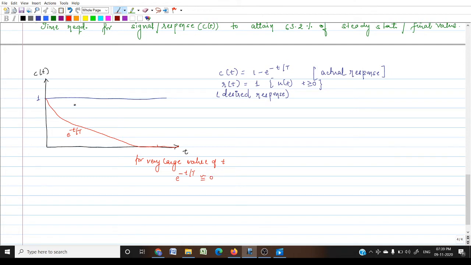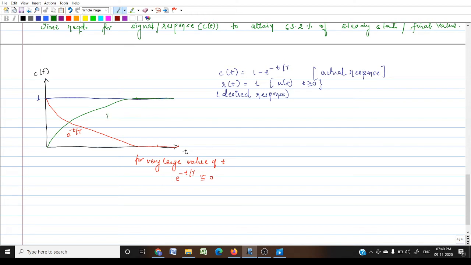Now we need to plot 1 minus e to the power minus t by tau. This will be somewhat in this shape, and after that it will attain the final value. Henceforth it will be steady.